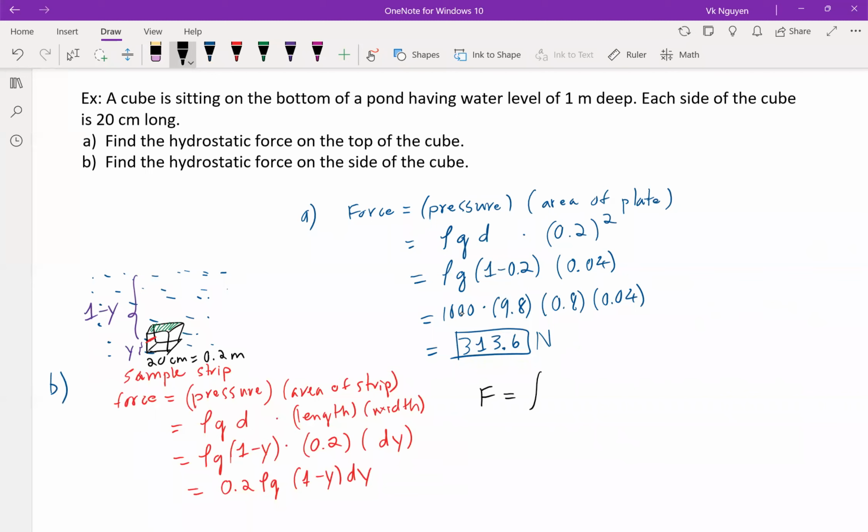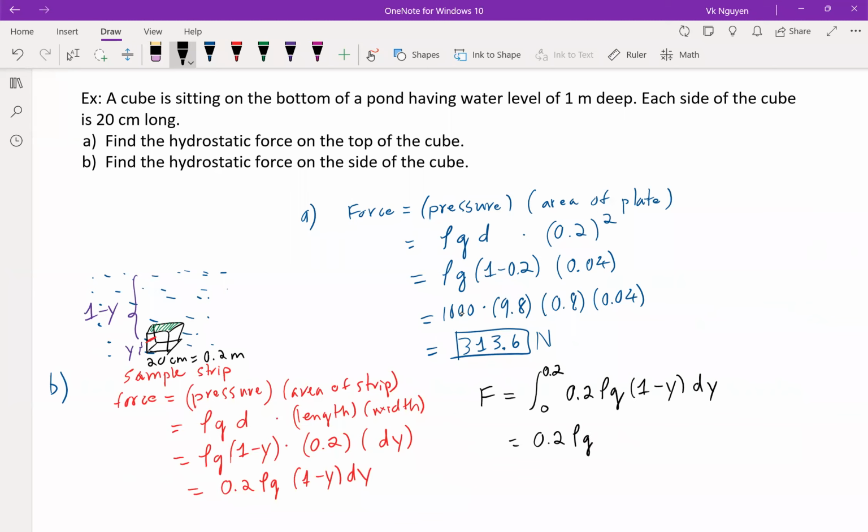The force would be the integral of the strips, which vary from the bottom of the cube to the top of the cube, so 0 to 0.2 meter, of 0.2 rho g (1 minus y) dy.